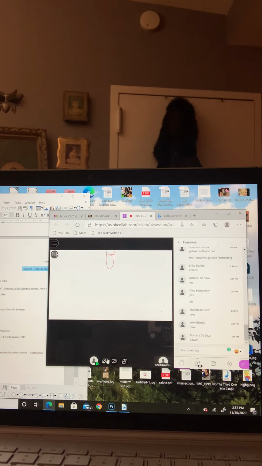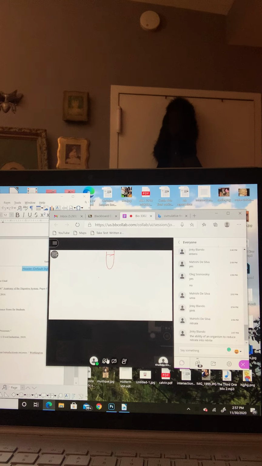Who is a volunteer for us, please? Mahishi, yeah. So we see the ability of the organism to reduce the nitrate to nitrite. So here the reduction is complete or incomplete.